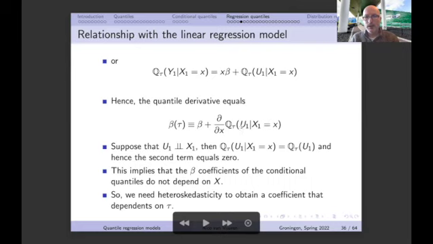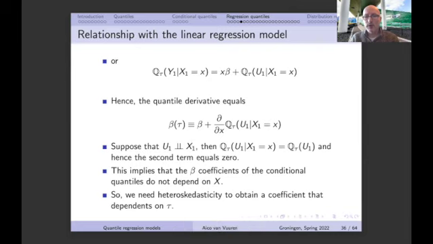At the moment that u1 and x1 are independent from each other, well then you should realize that that of course also means that the quantiles of u1 no longer depend on x1. That's quite simple to understand. At the moment that we make this assumption, u1 independent from x1, then we assume that the distribution function of u1 no longer depends on the outcomes of x1.